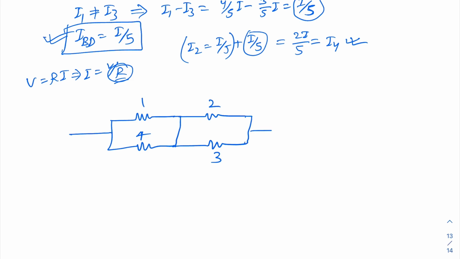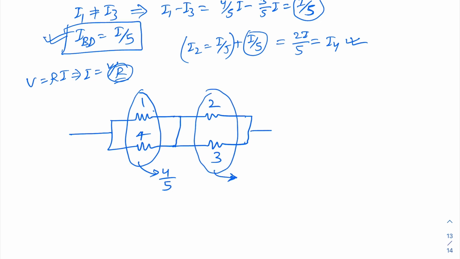So what will be the equivalent of these two? That is 4 and 1 in parallel. Parallel means R1 into R2 by R1 plus R2, so 4 by 5. This one is also connected in parallel, so R1 into R2 means 6, upon 5, 6 by 5 ohm.